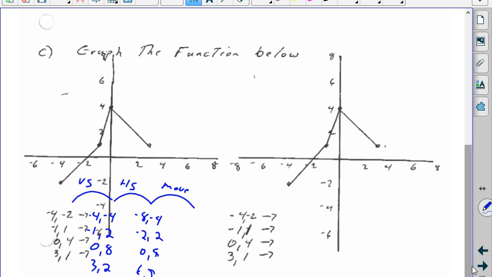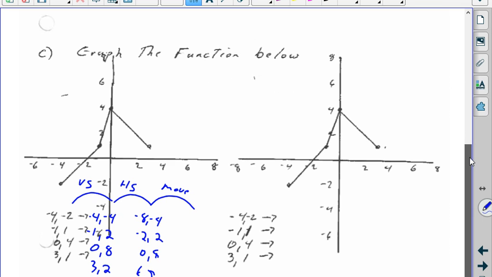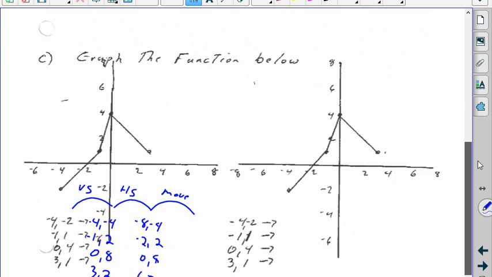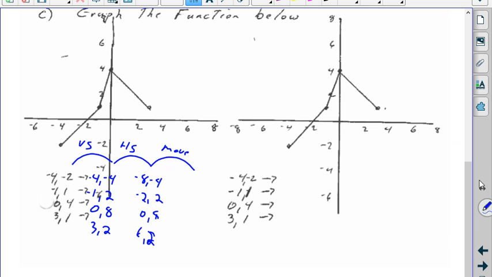So again, applying my stretches, and then I'm going to move. I'm going to move in one step. I can't remember what I moved it. 3 right and 2 up. So this would be -5, -2. This would be 1, 4.